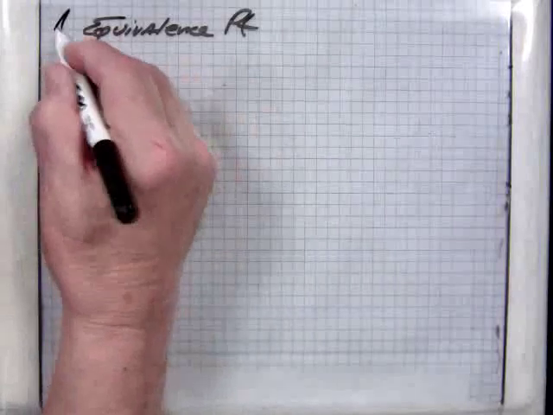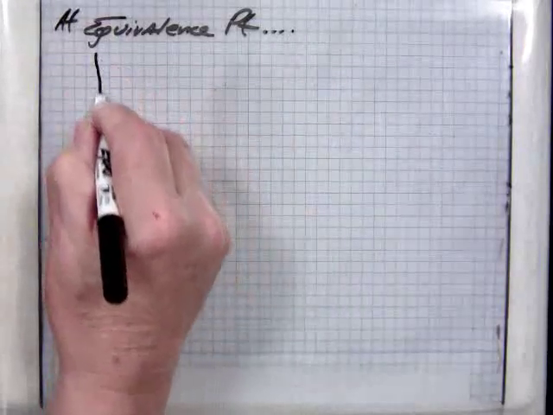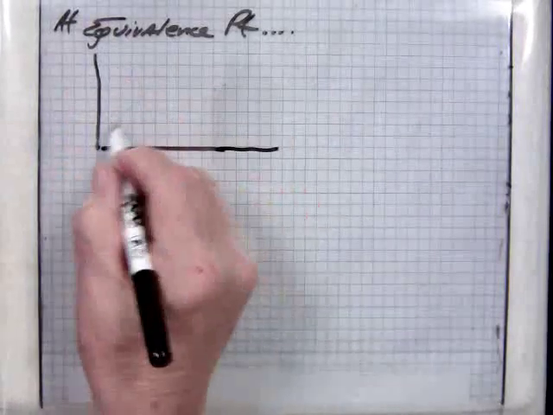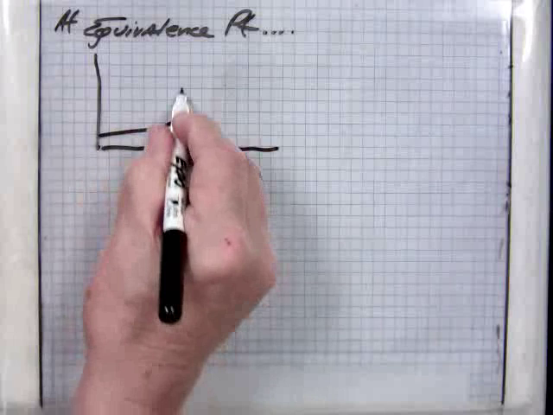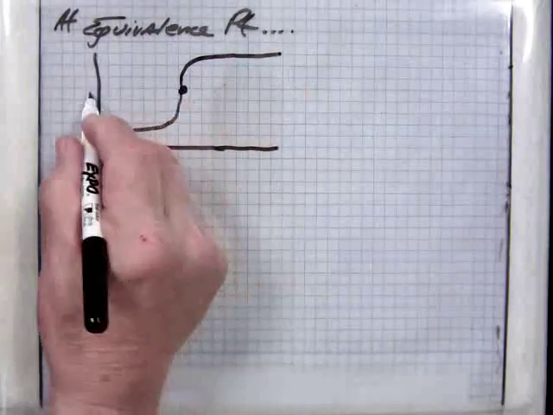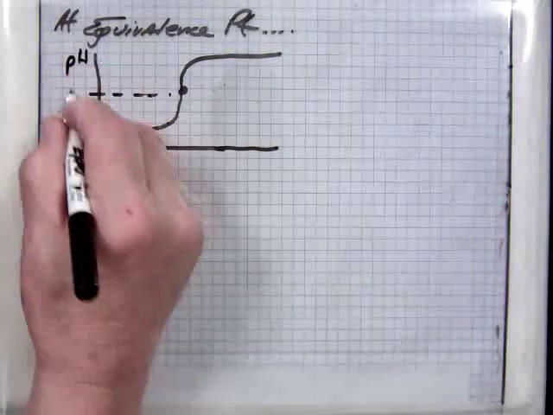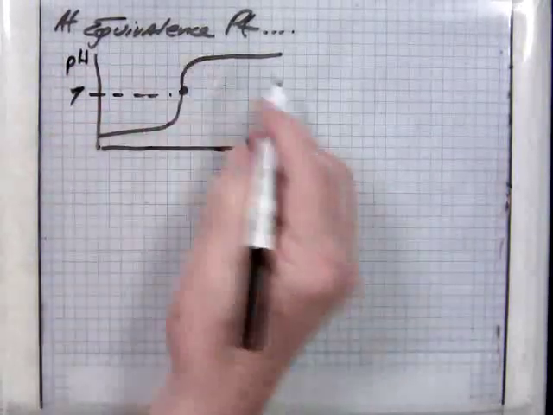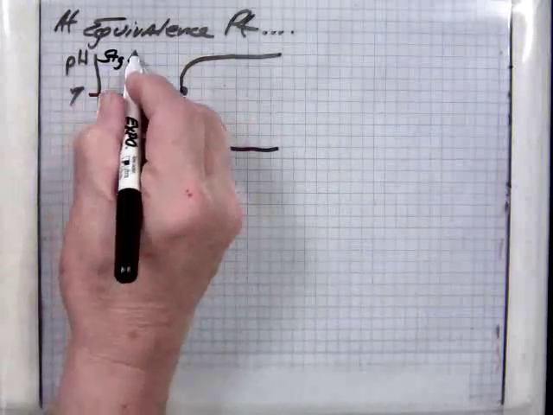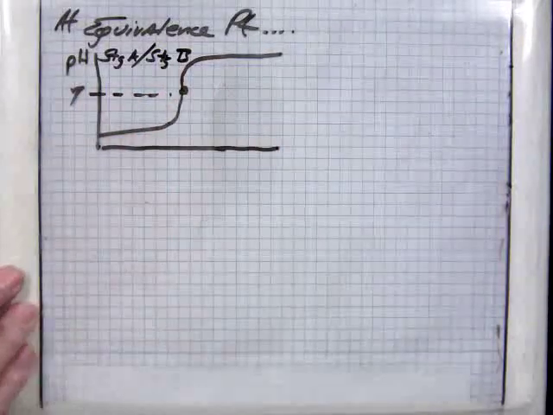Now at the equivalence point, for a strong-strong titration, you will see a graph that will go something like this. And the equivalence point will be at a pH of 7, like this. And this would be a strong-strong titration.